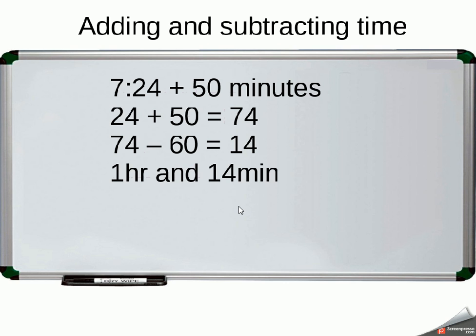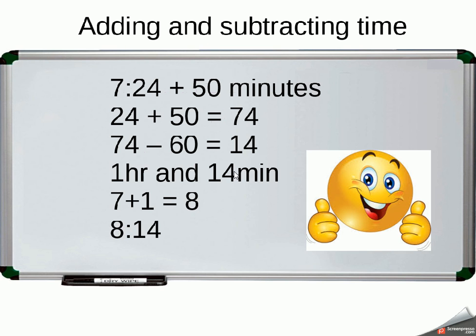So the time I've got so far, excluding the 7 hours in the 7:24, is 1 hour and 14 minutes. I'm going to add that 1 extra hour onto the 7 that we originally had. So it becomes 8 hours. And then all I do is forget about this 24 and the 50 up by here. I put the 14 on the end. So the answer is 8:14.